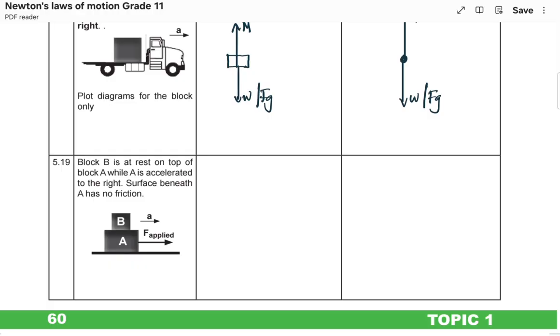Block B is at rest on top of block A, while A accelerates to the right. The surface beneath A has no friction.